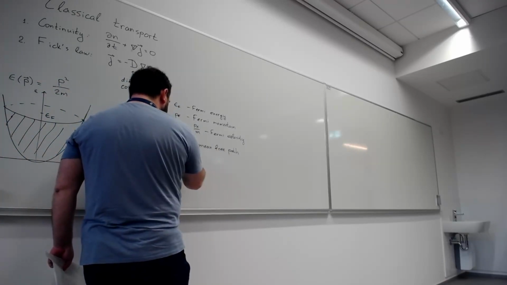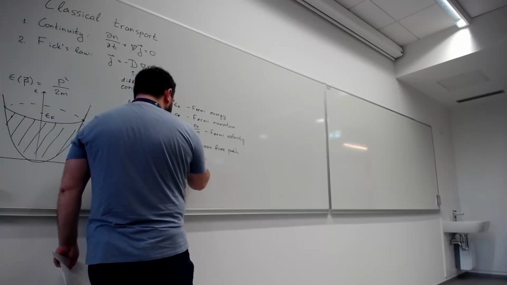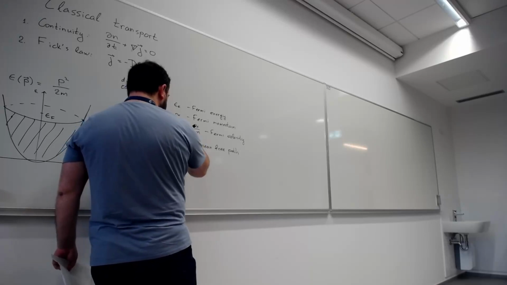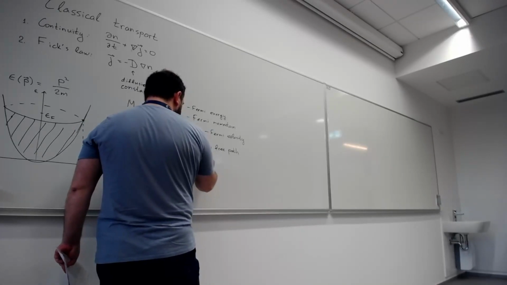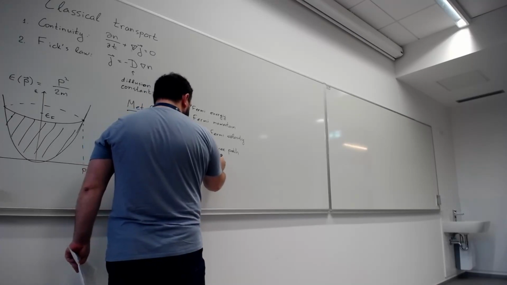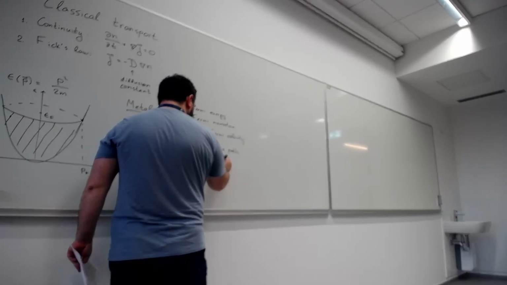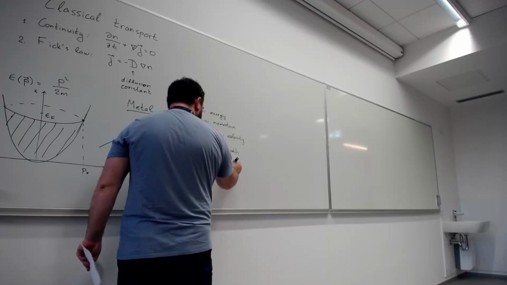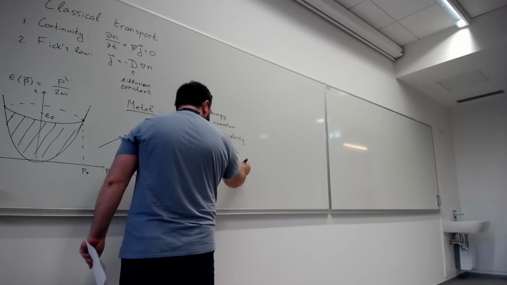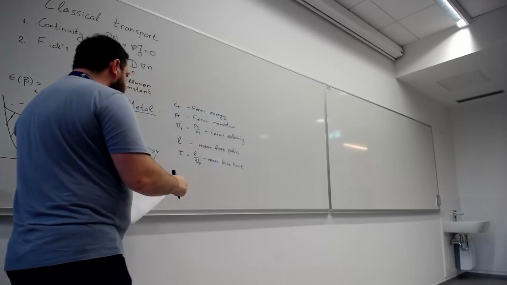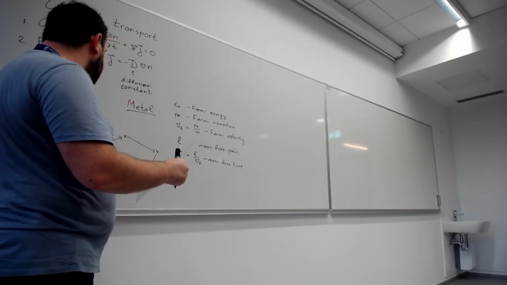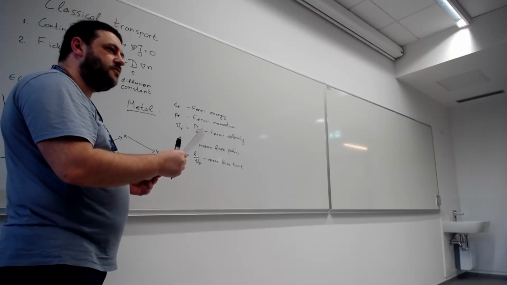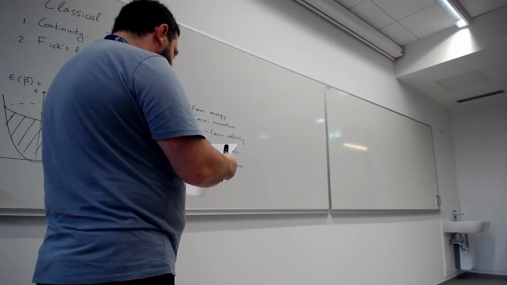And there is a corresponding mean free time, and these two are related with the Fermi velocity. So mean free time is L divided by Fermi velocity. And more or less this is all you need to know about the metal in order to understand how electric current is propagating inside.